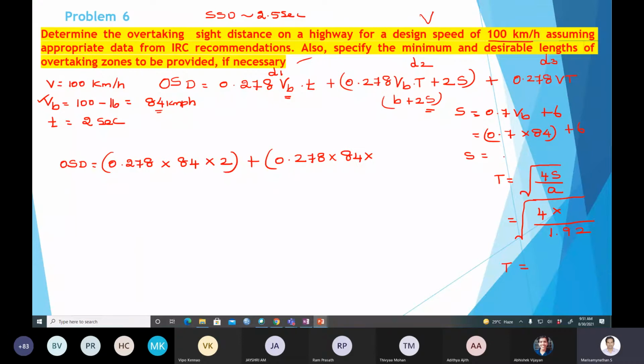What is the S value? 64.8 is coming as the S value. T value, so here you can apply.